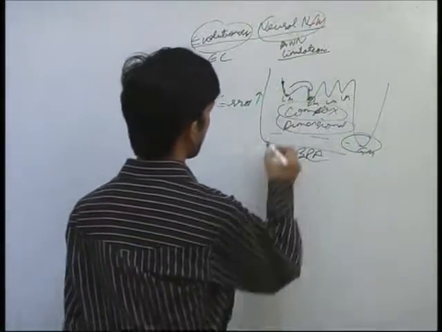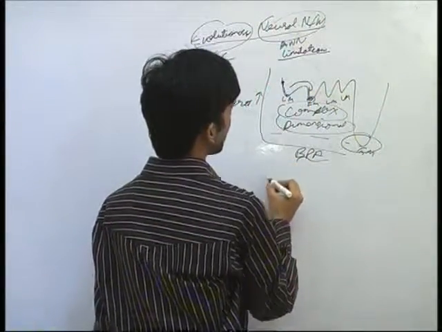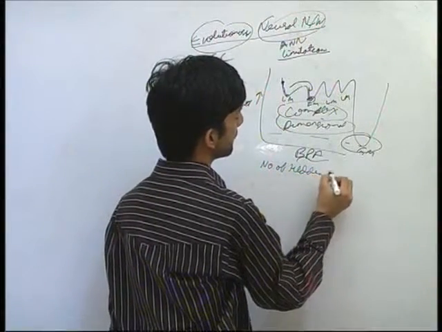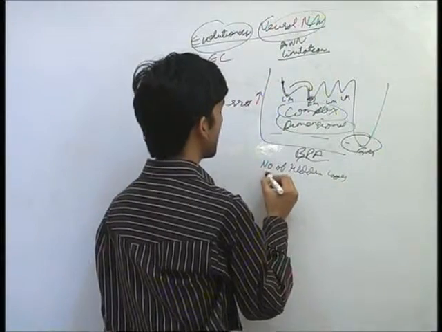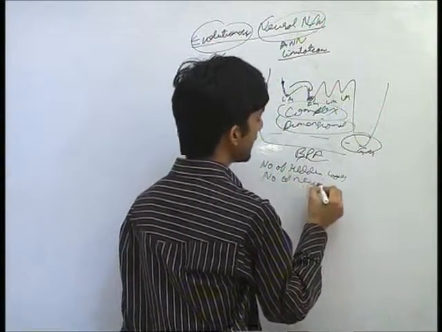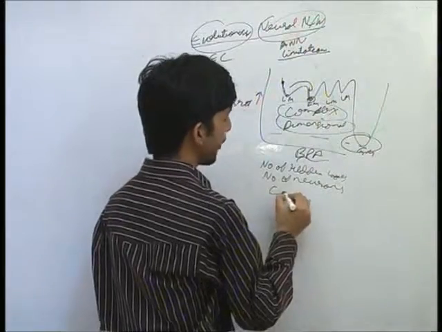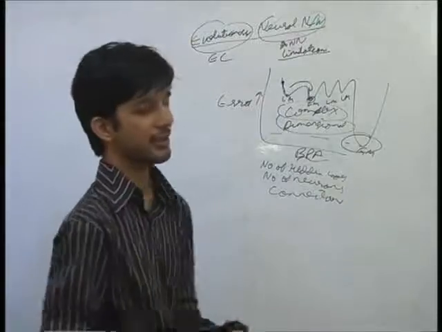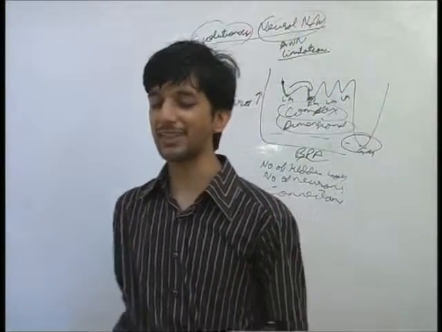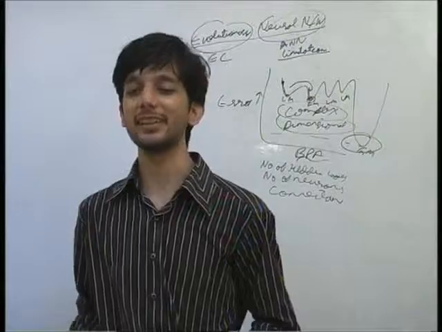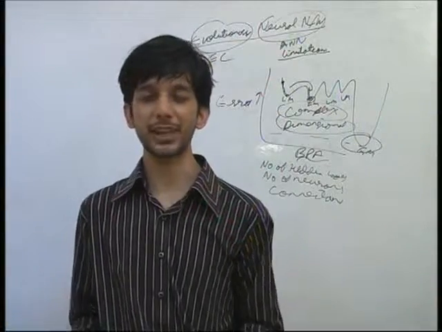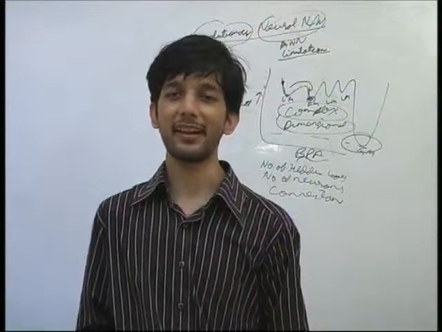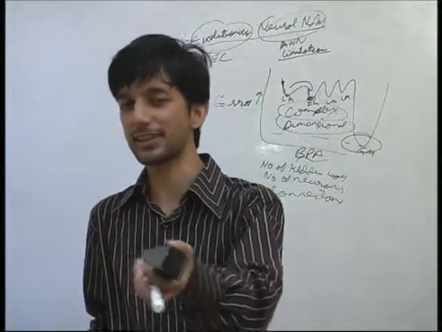The other limitation is: who fixes the number of hidden layers, who fixes the number of neurons in these hidden layers, who fixes what connections are to be drawn between the neurons? So far, we said that number one, there is only one hidden layer. That is what I normally assumed. Normally what we said was that a designer specifies the number of neurons in this hidden layer.